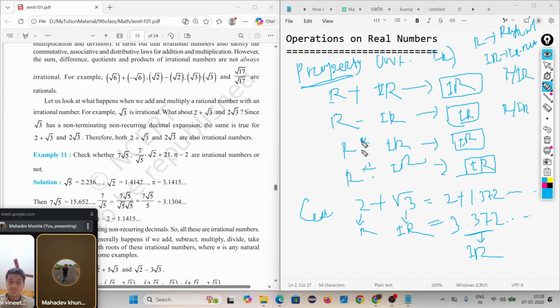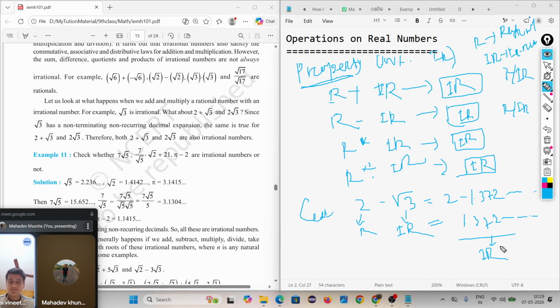For addition I have given the example. For subtraction, only change the sign: 2 minus 1.372 and so on will be 0.628 and so on. It is an irrational number.